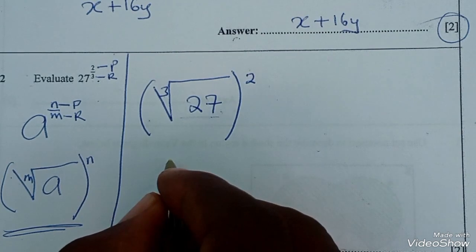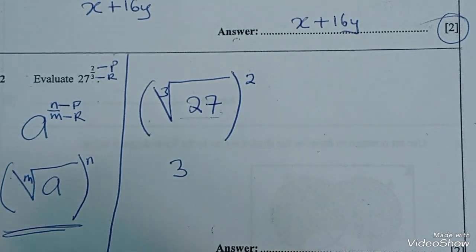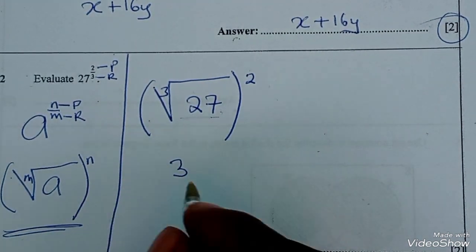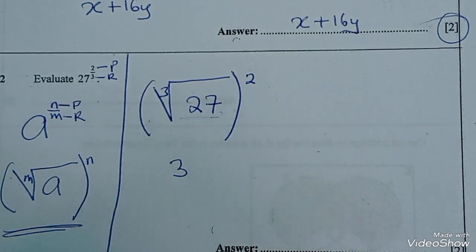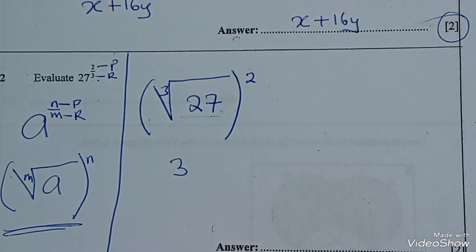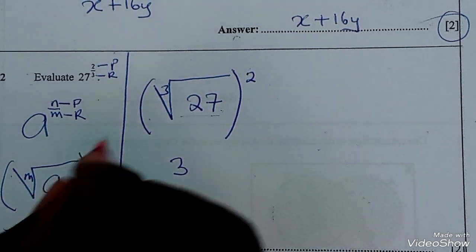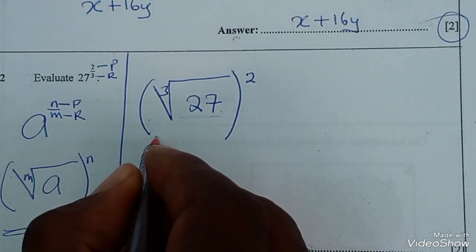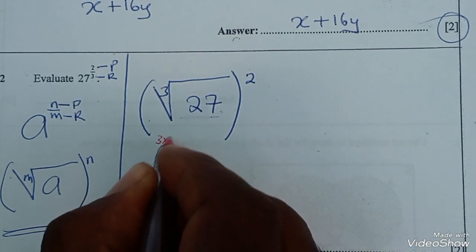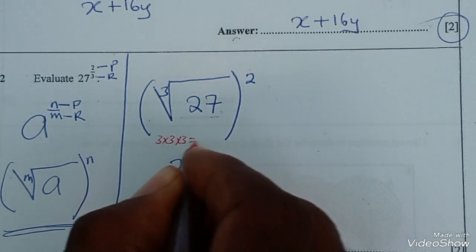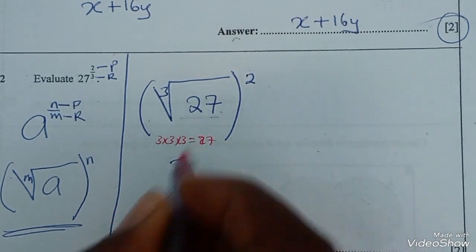So that number is 3. 3 times 3, that is 9. 9 times 3, that is 27.